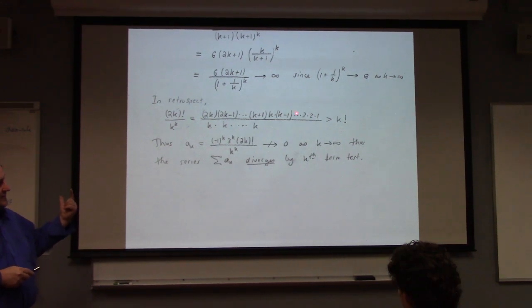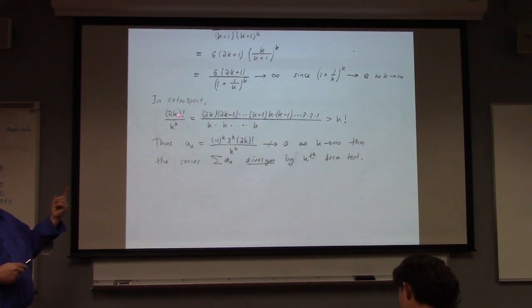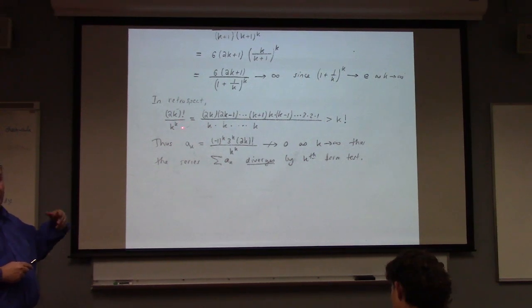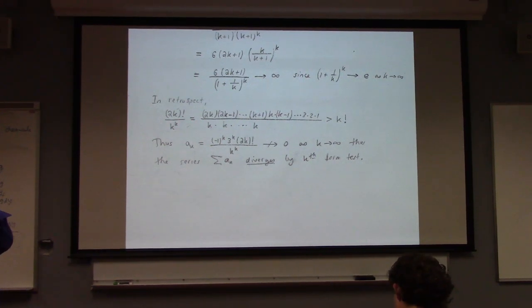In other words, this expression is larger than k factorial. What happens to k factorial as k goes to infinity? It goes to infinity, like a lot. So this is definitely diverging to infinity. It does not go to 0, therefore by the kth term test this series is not convergent. So there are two ways to do this problem.